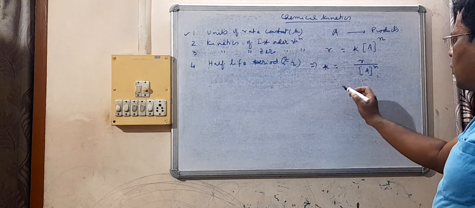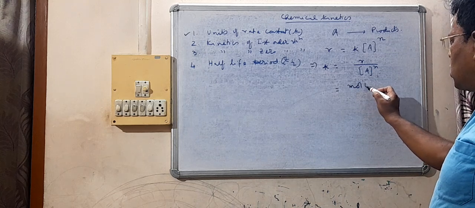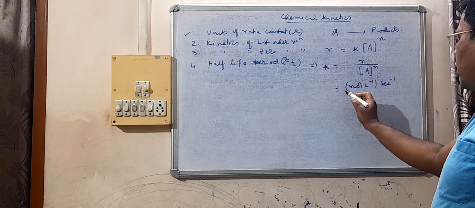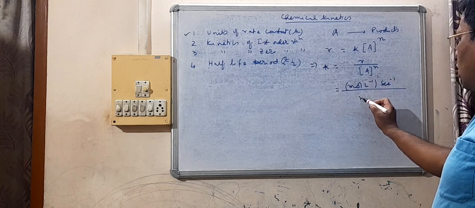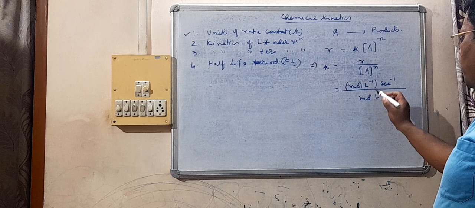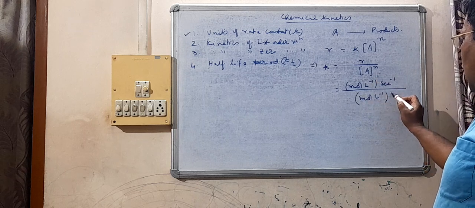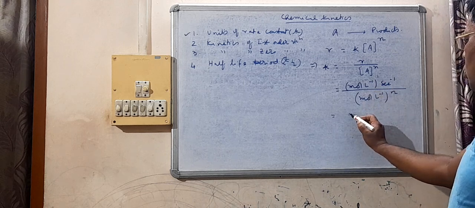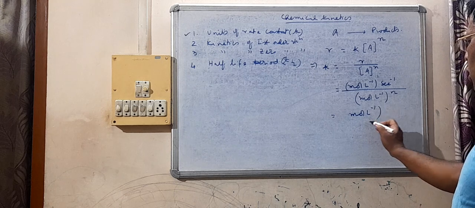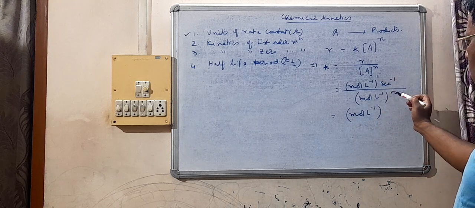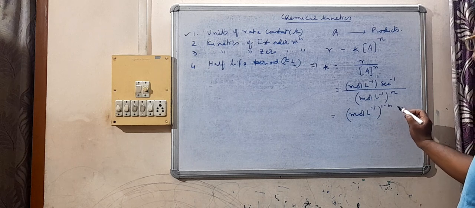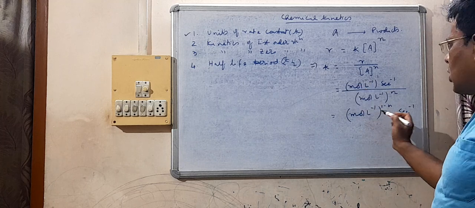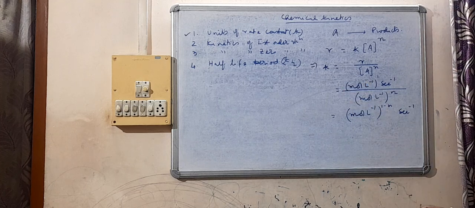So if I put the unit of R, which is moles per liter per second, and the unit of A, which is moles per liter, to the power n, and we simplify this, it will be moles per liter to the power 1 minus n, per second. So this is what we are getting as the unit of k.